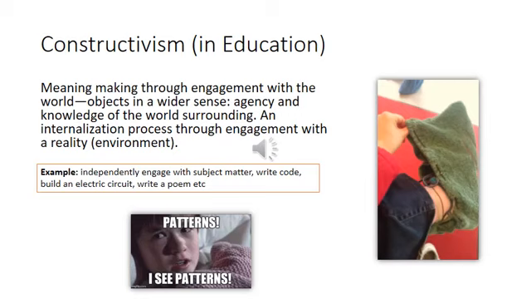So objects can be either physical things, or it can also be behavior patterns or communication. So it is pretty much agency and knowledge of the world surrounding. And the engagement with the environment, may it be communication, people, objects, is an internalization process, and a sense-making process.